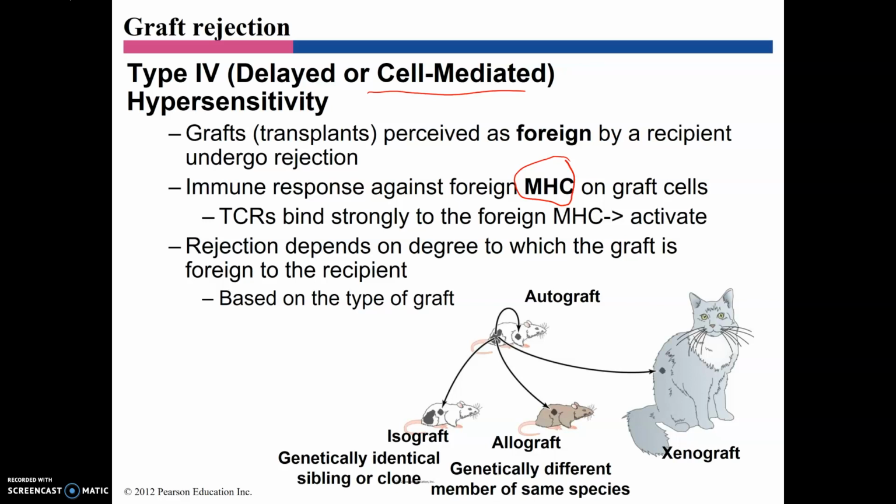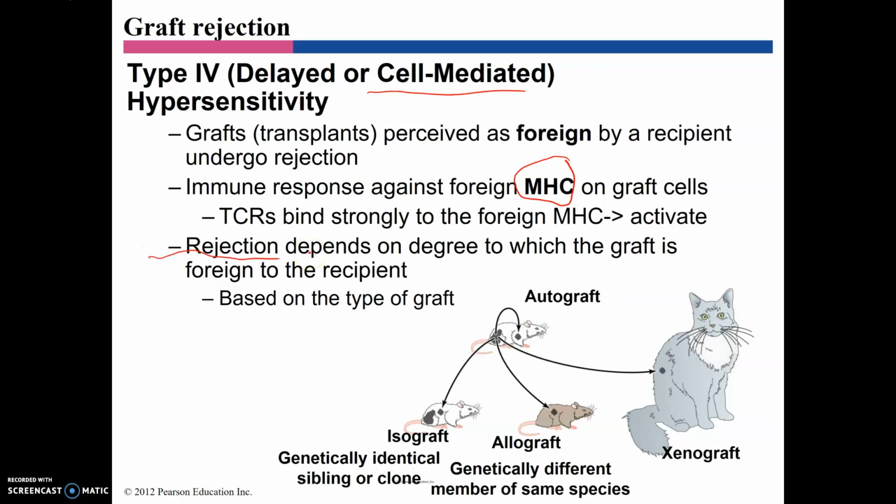The MHC itself is interacting with the T cell receptors because our T cells have not learned that it's not self, right? It is foreign, so therefore the T cells can get very excited over these MHC molecules and bind to them very strongly and activate the cytotoxic T cells, and then that is going to lead to rejection.